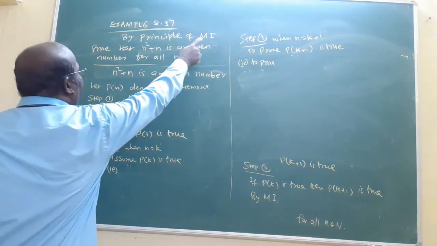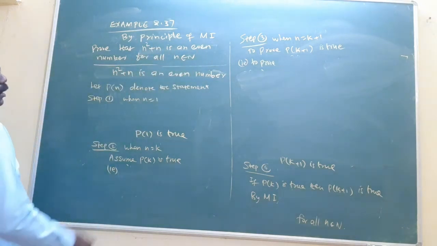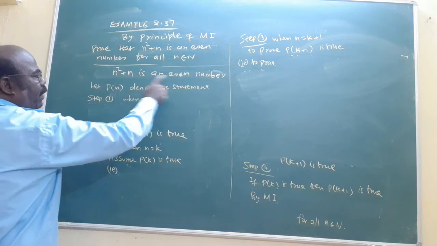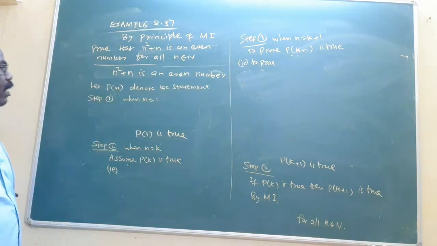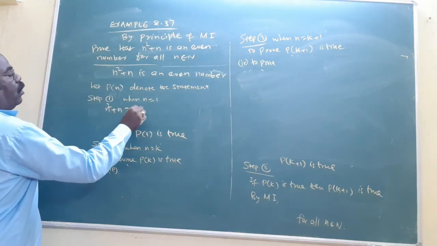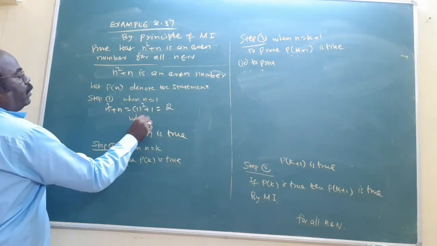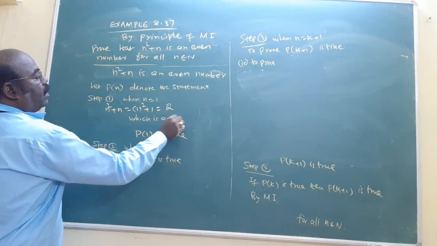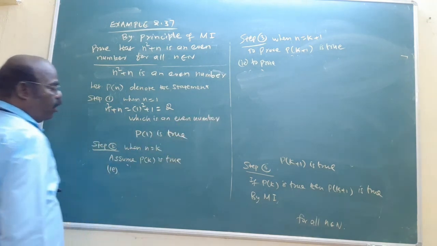Now, by the principle of mathematical induction, prove that n square plus n is an even number. This is given. Let P of n denote the statement. When n equal to 1, what is the answer? n square plus n, 1 square plus 1, 1 plus 1, 2, which is an even number. Am I correct? That's why P of 1 is over.